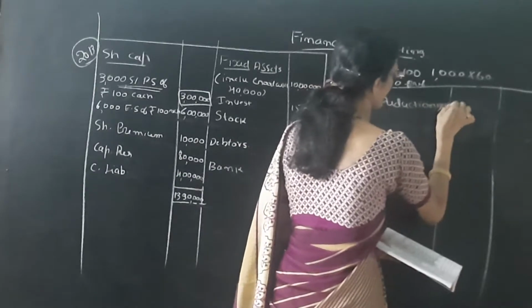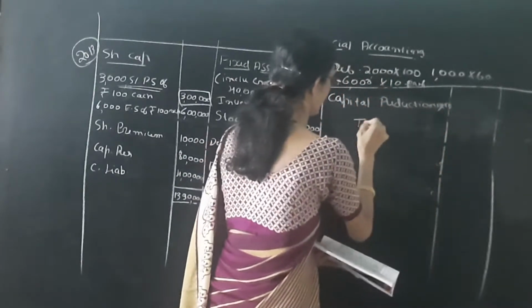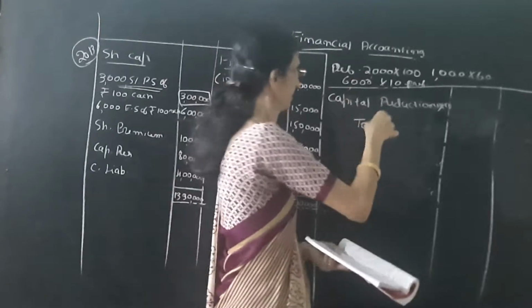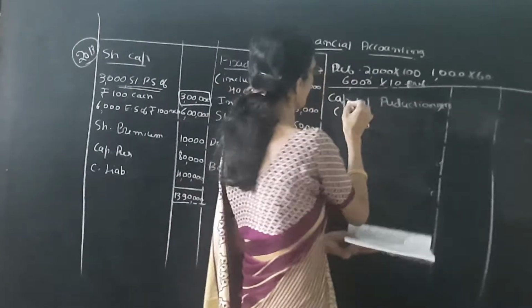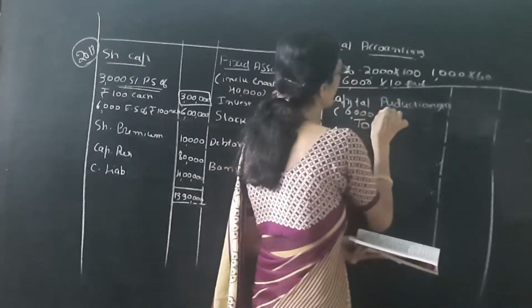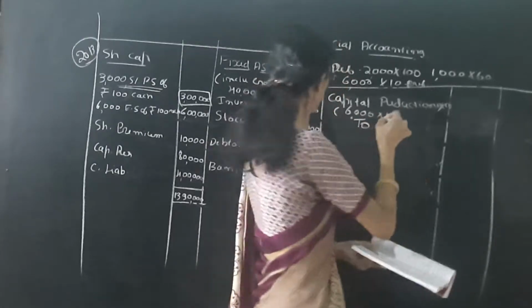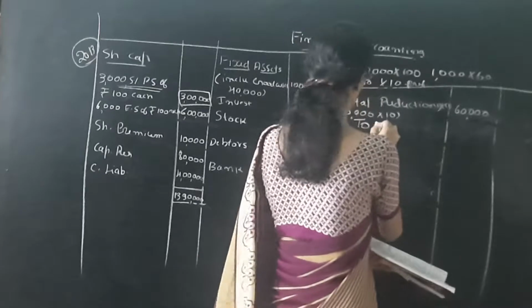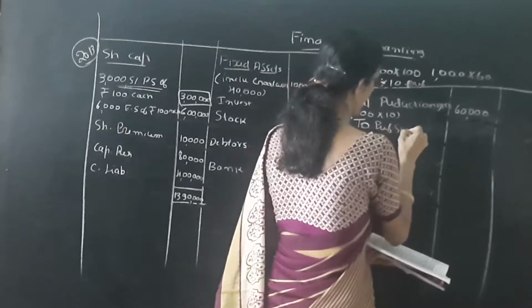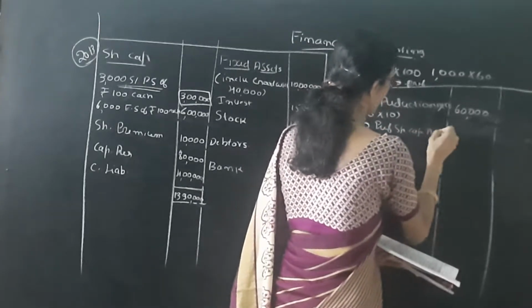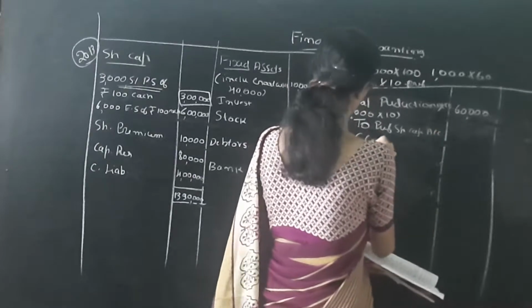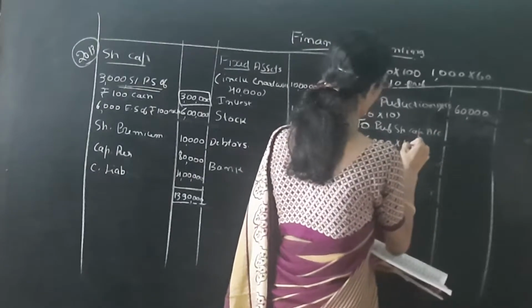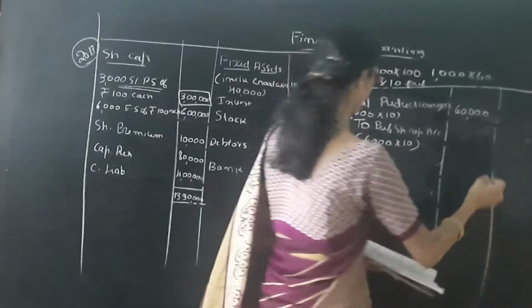How much do we have to pay? 6000 into 10, that means 60,000. So to preference share capital account, 6000 preference shares of rupees 10 each, 60,000.